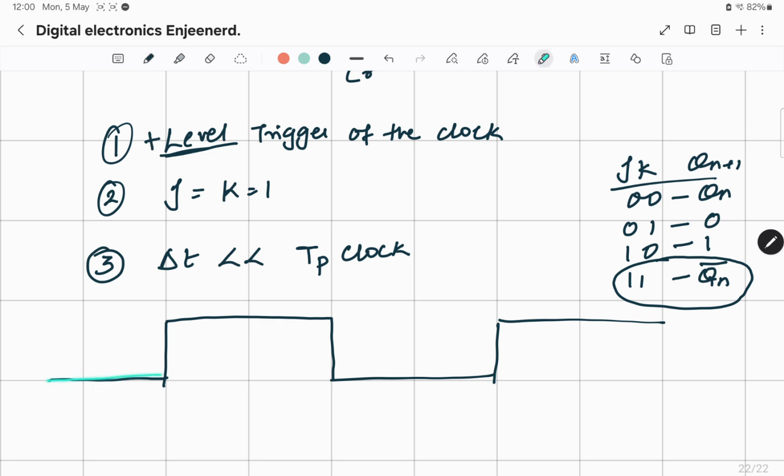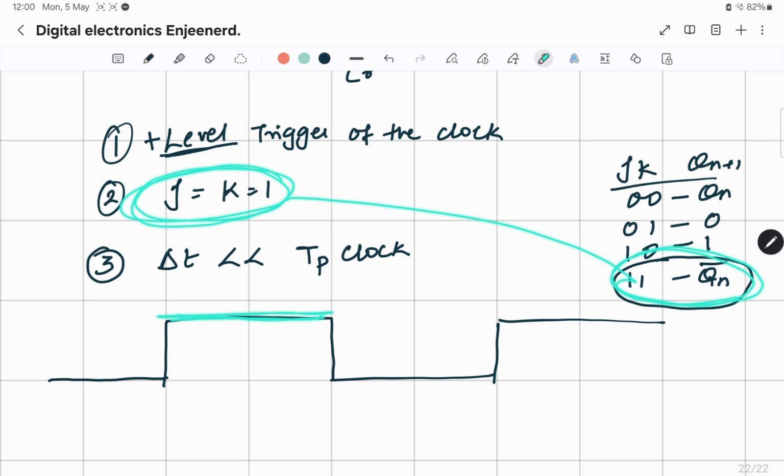This is negative level, this is positive level. This is positive edge, this is negative edge. This means that when this part of the clock comes at the input, the flip-flop becomes active and starts showing its corresponding output with respect to the input. What is the input that we are giving? J equal to K equal to 1. For J equal to K equal to 1, what is my output? It is Qn bar, the complement.